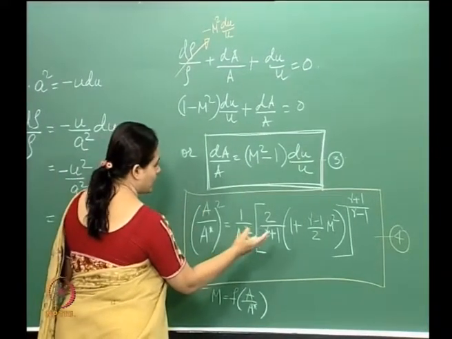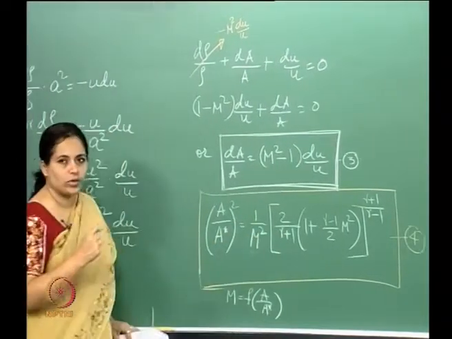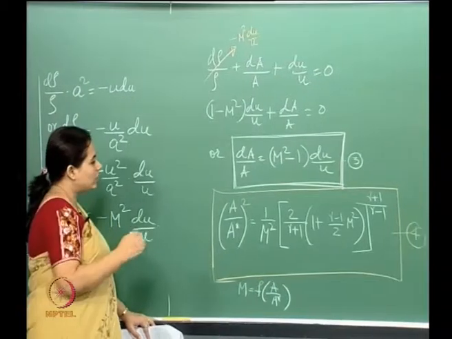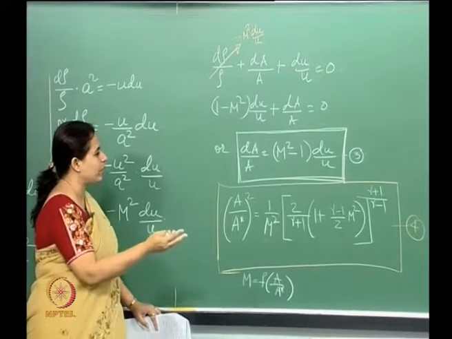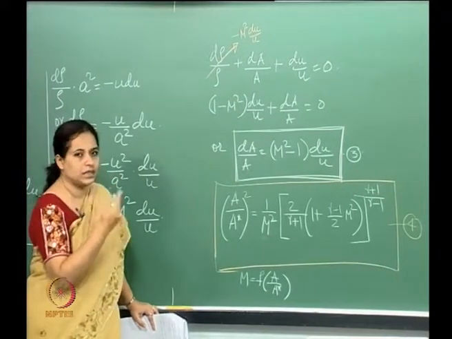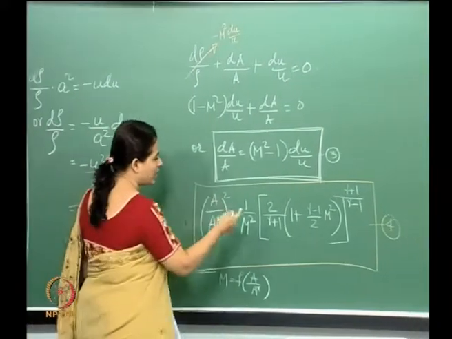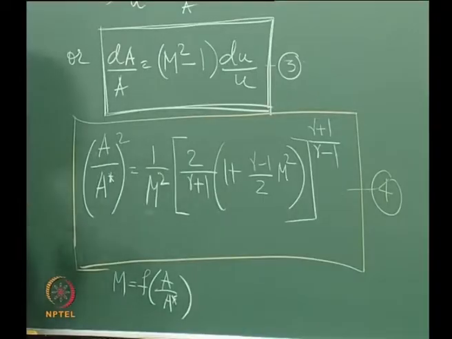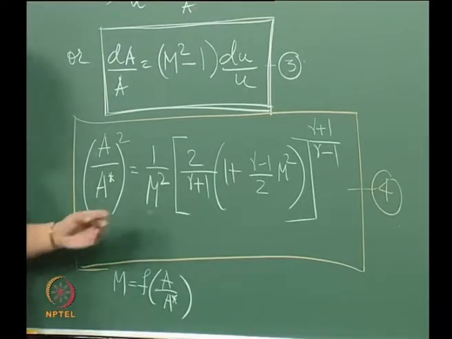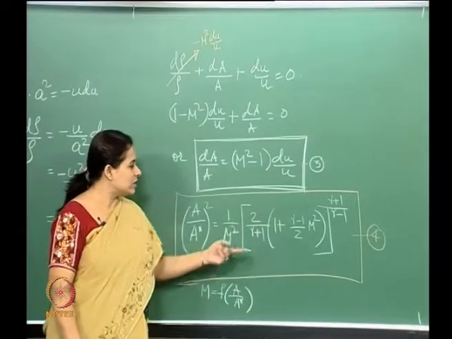At the throat the Mach number is 1, right. So if I go along a duct, along a certain path, and I need a certain Mach number, say I need 2.5 Mach, given that Mach number you can get the area required. So you need to find out the total area change that will be required to go from Mach equal to 1 to Mach equal to 2.5. So that is what is given in this relationship.